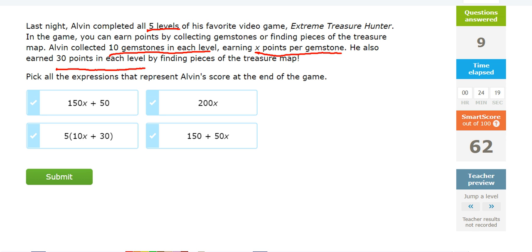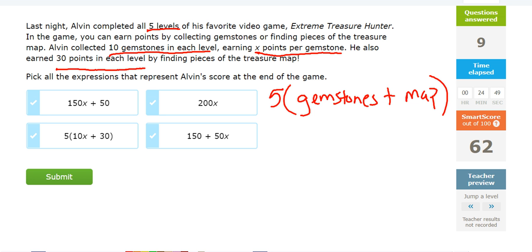So what does that mean? He's getting points from the gemstones, and he's also getting points from the treasure map. That's what's happening in the problem, and there are 5 levels, so that should happen 5 times.